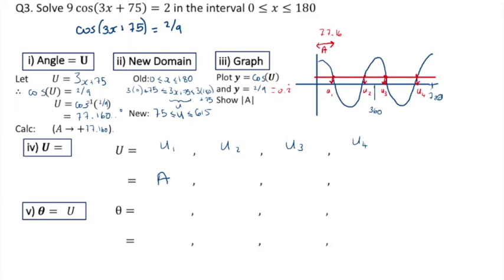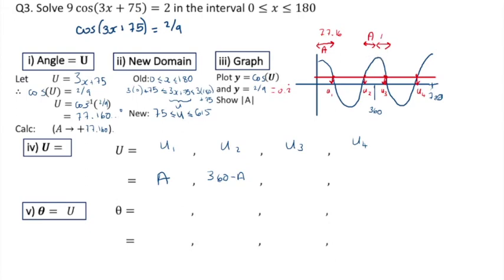So let me just show that. So here would also be the same distance, that's a there. So this answer here would be 360 minus a. And now to find u3, I'm going to notice that distance from my peak coming down, just like if I was at my peak and I came down.